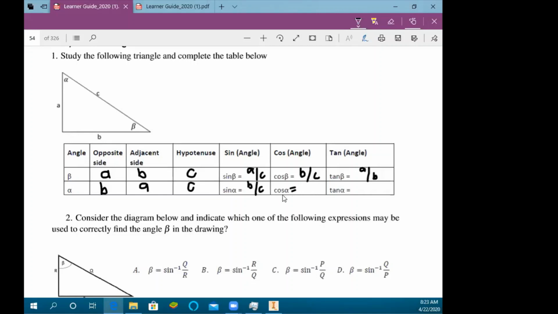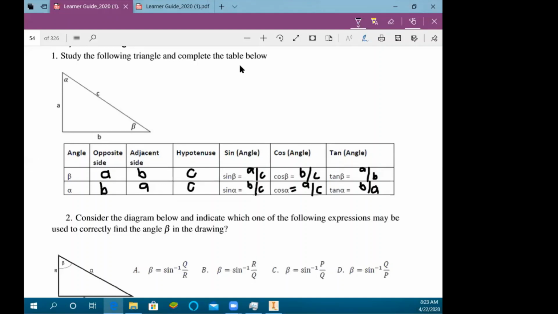Our adjacent is A, and our hypotenuse still remains the same, C. Then tan alpha is the ratio of the opposite to the adjacent. The opposite is B, and adjacent is A. We're done with this first part.